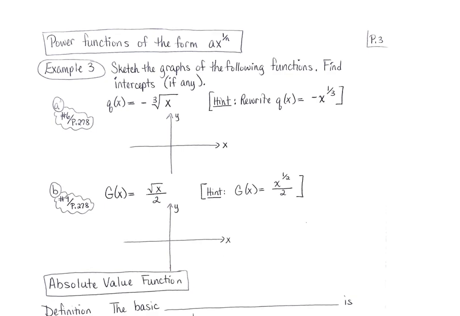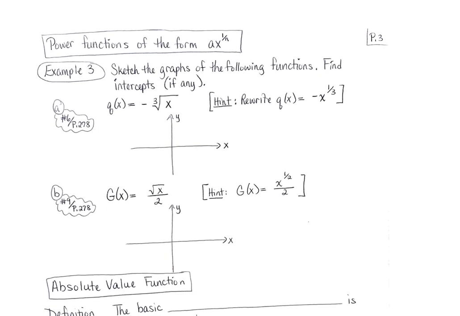Power functions of the form a times x to the 1 over n. Okay. X to the 1 over n looks like an nth root. So the recall here is that x to the 1 over n is the same thing as the nth root of x.